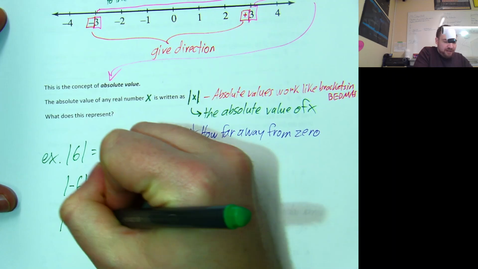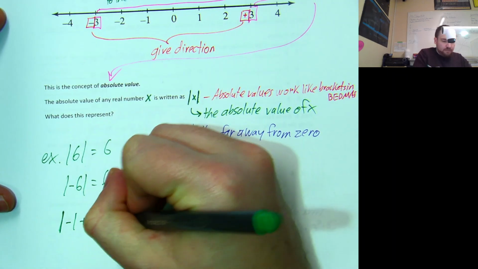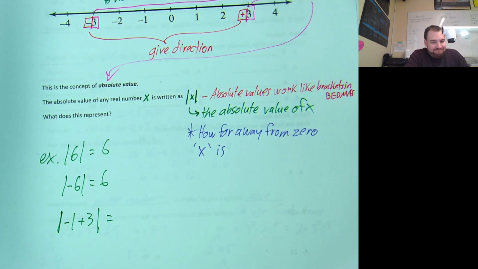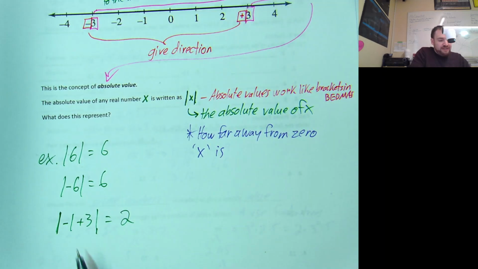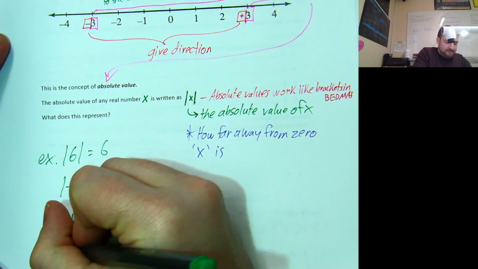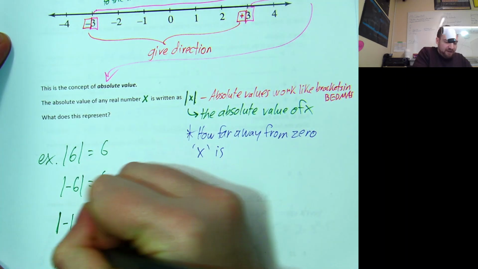Absolute value of negative 1 plus 3. Absolute values function like brackets, so I would do negative 1 plus 3, which is positive 2, and then the absolute value of 2 is 2. How about this? Absolute value of negative 5 plus 2.